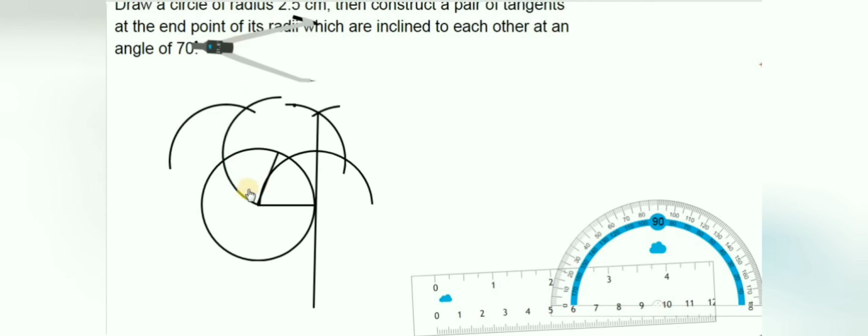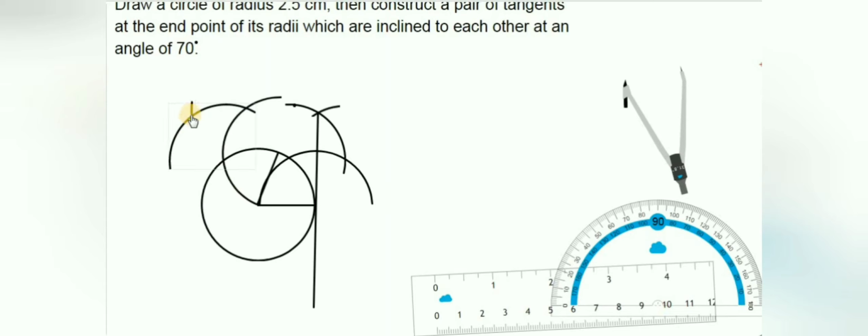Then draw one more arc which exactly cuts the previous arc, like this. Here comes one more point of intersection.